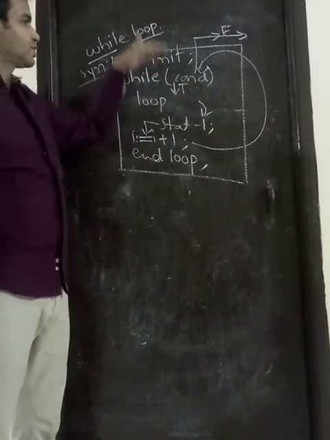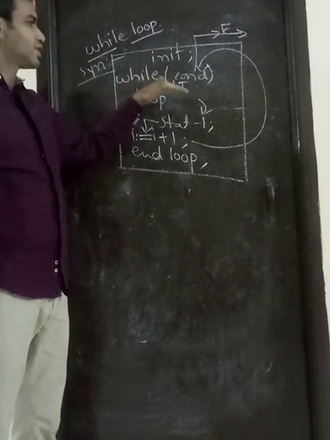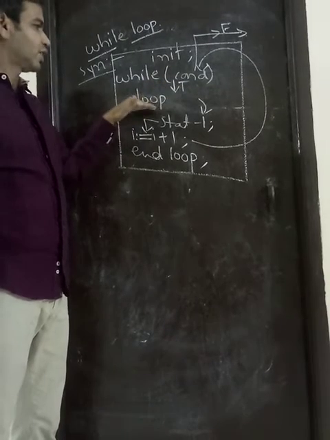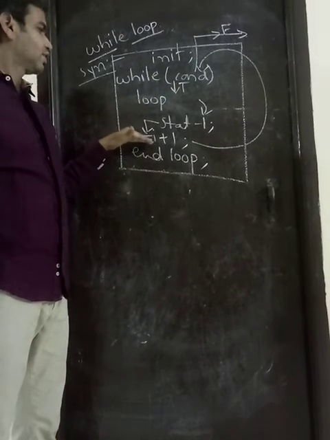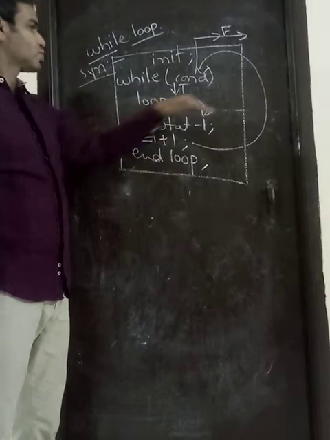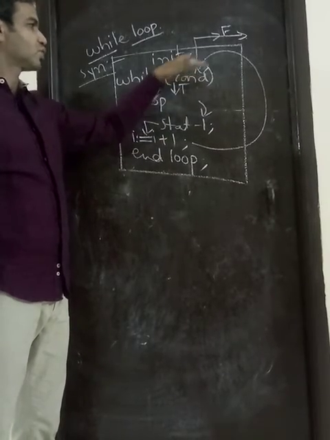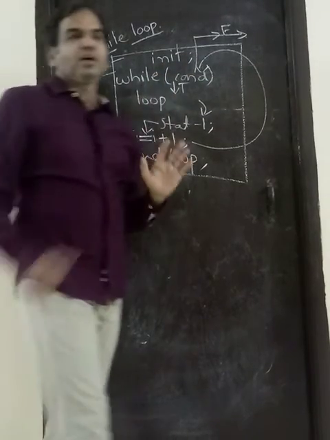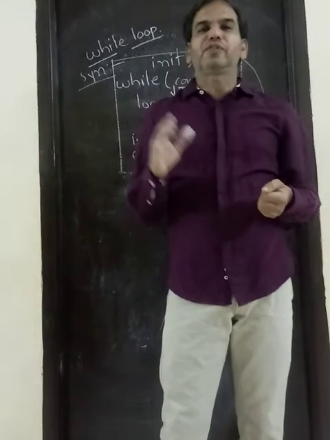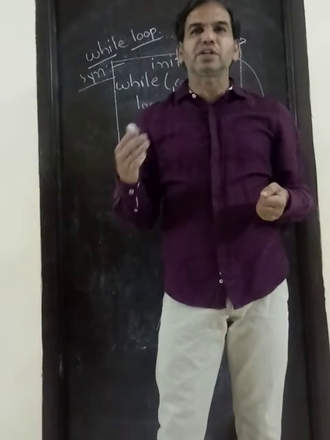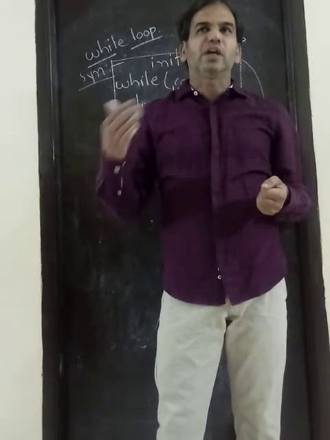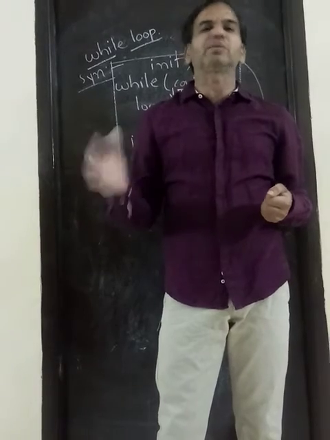It means in while loop, first the condition will be checked, if the condition is true, then only statements will execute. If the condition is false, the cursor exits from the loop.